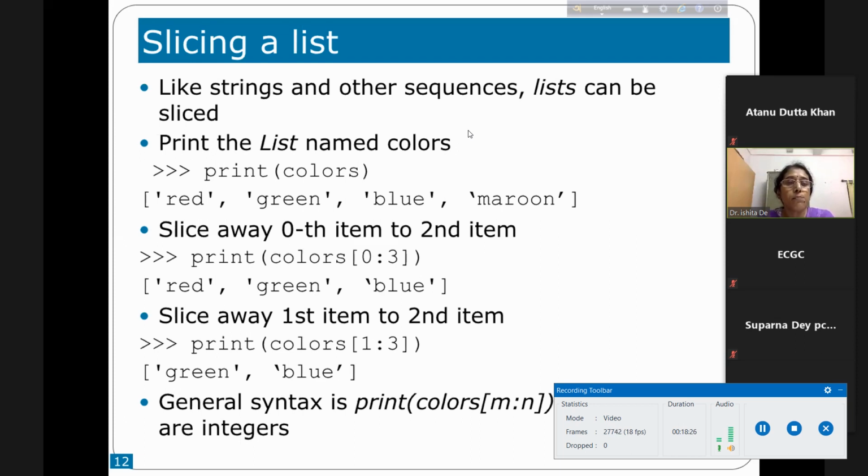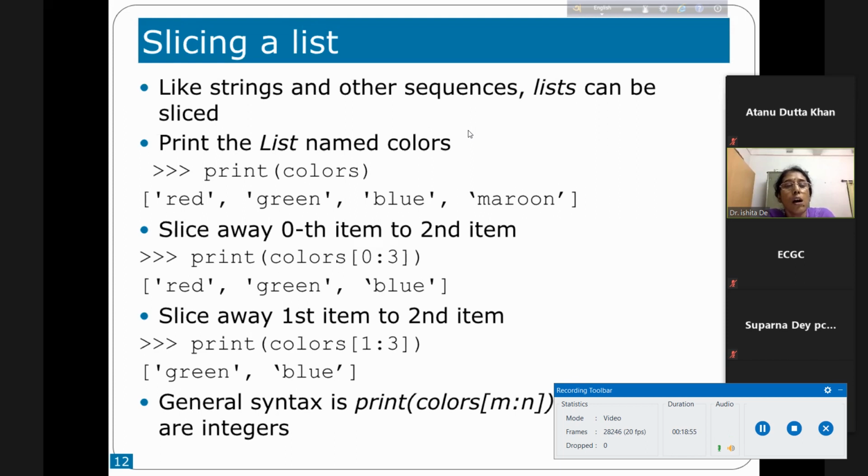We just write print, in first brackets colors, and then in square brackets 0:3. What does that mean? That means items 0, 1, and 2, meaning indices less than 3, will be printed. So red, green, blue, these three elements are printed.